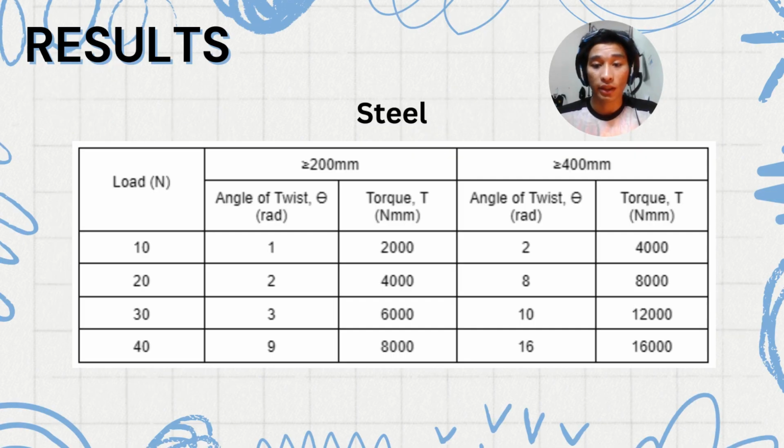Next, results for steel. For steel, we use loads of 10, 20, 30, and 40 Newton, and the angle of twist at 200 millimeter is 1, 2, 3, and 9 rad, increasing respectively with the load, and the torque is 2000, 4000, 6000, and 8000.